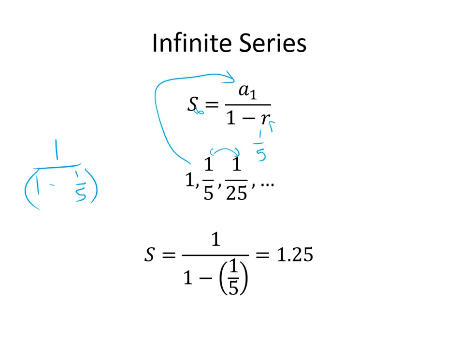So if you added up every single one of these numbers as it got smaller, smaller, smaller, it would go to 1.25. Now, if this ratio was more than 1, so let's say it was 2, so we went from 1 and then 2 and then 4 and so on and so forth.